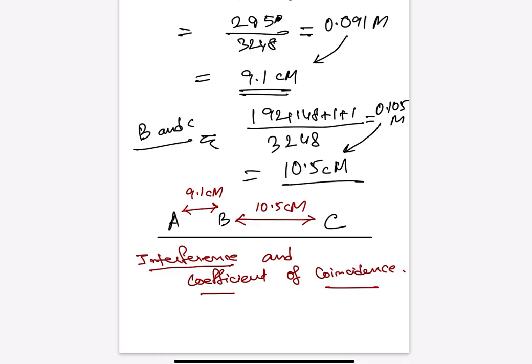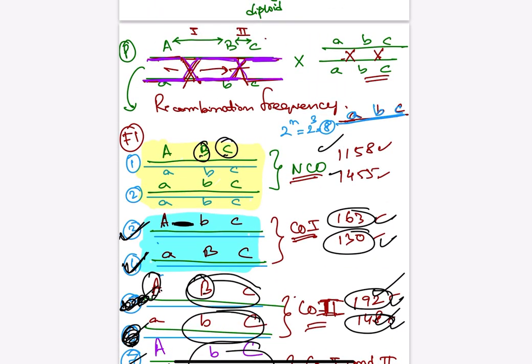So interference, how to calculate it I will talk about in the next video, but interference means the chance of interference of one crossover in the next crossover. It means if there is one crossover, then the second crossover will not take place. Did you understand? So if one crossing over is taking place, then it will interfere with the crossing over in the next region. That is called interference. And so there is a probability, out of 100.